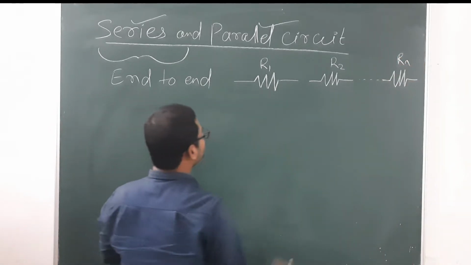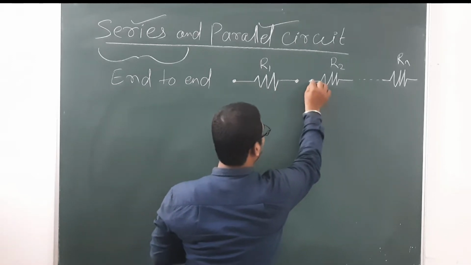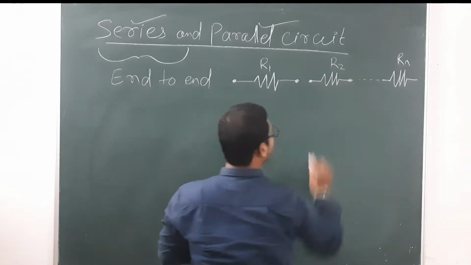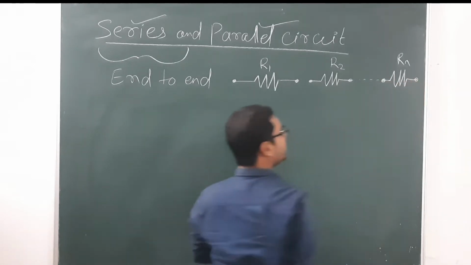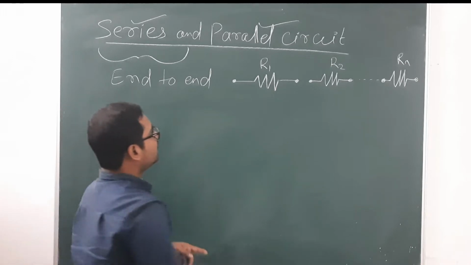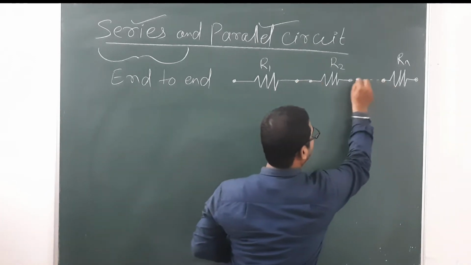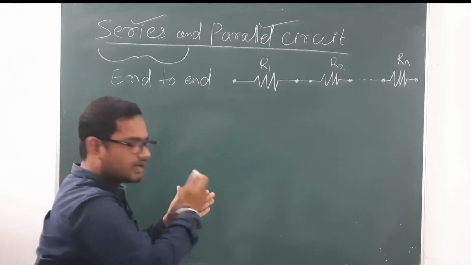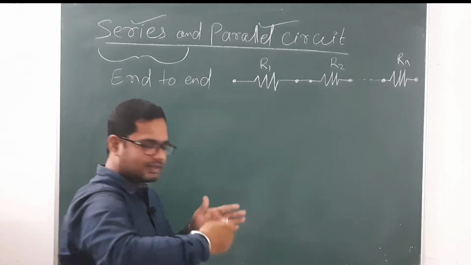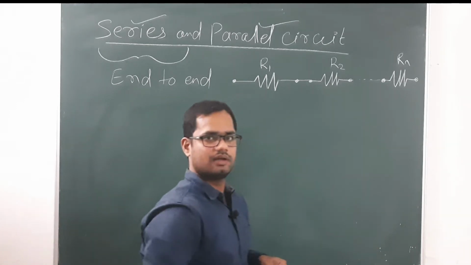End to end connection means the resistance has two terminals. These are the terminals of the resistance. Similarly, this is also the terminal of the resistance. If I connect the terminals like that, that means one terminal of a resistor is connected to the other terminal, and the second terminal of that resistor is connected to the first terminal of the third resistor, like that.